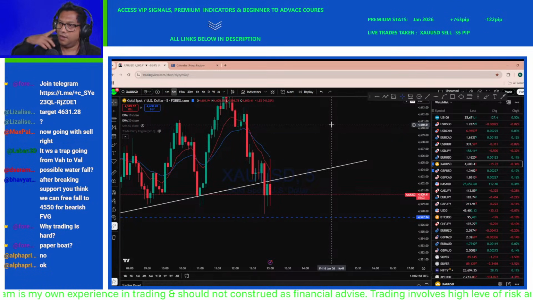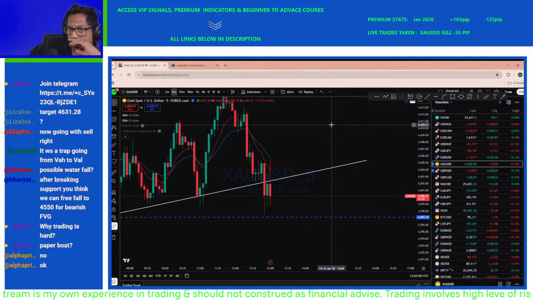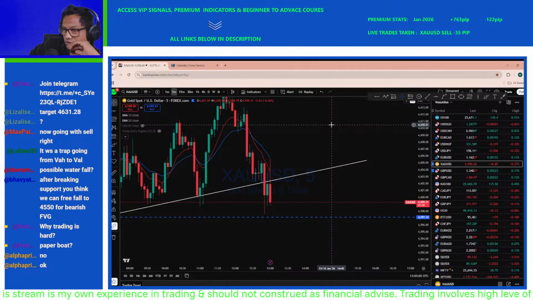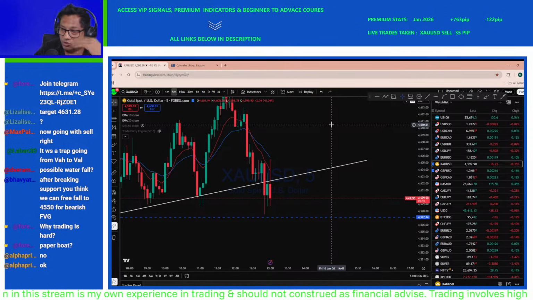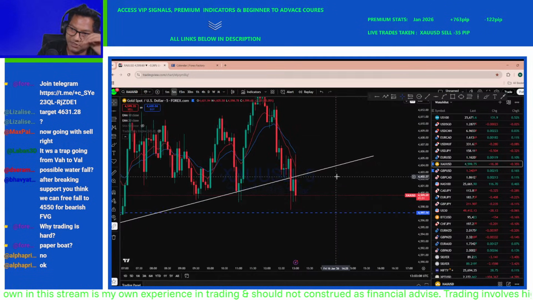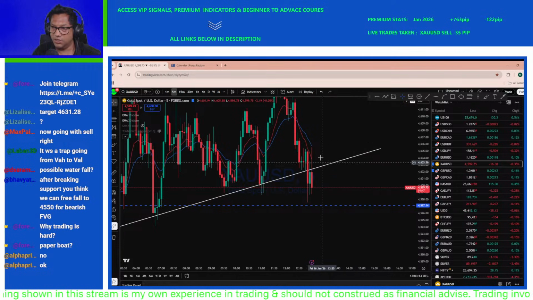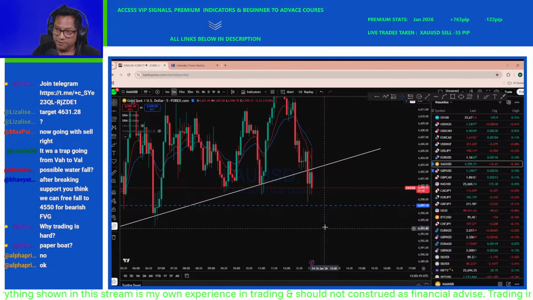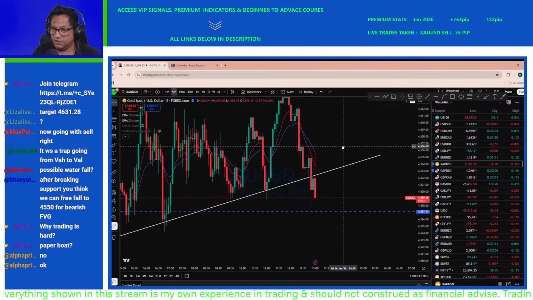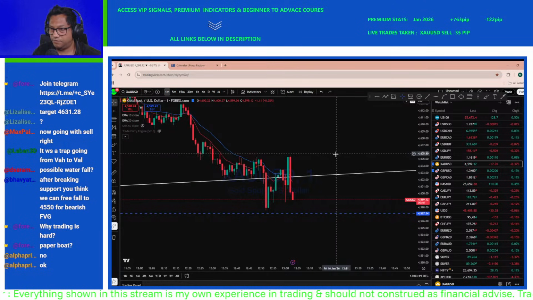Okay, now this 5 minutes is closing in 2 minutes time. So far we can see that this price action is still bearish. Depending on how it closes, it might close a big red candle. In that case, we might see further downside here.